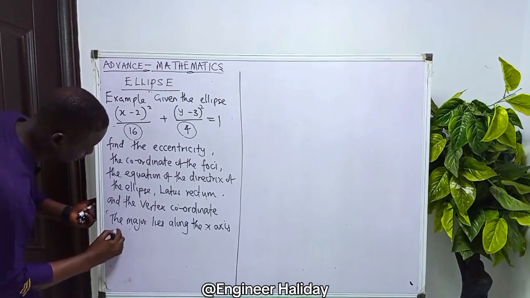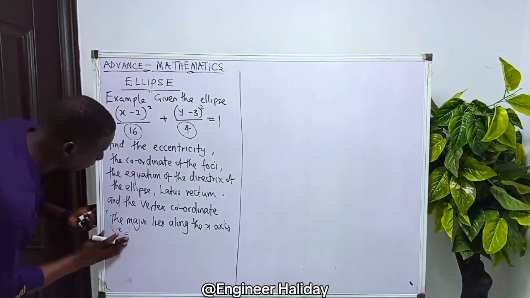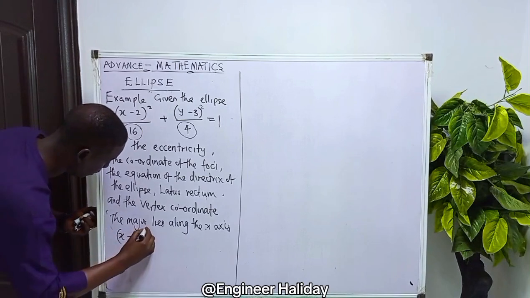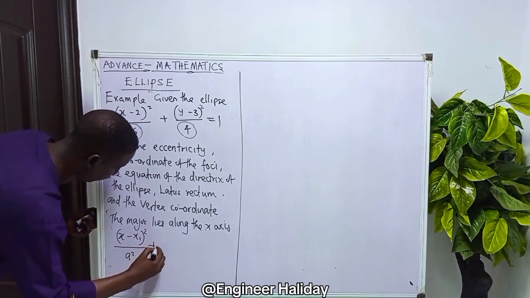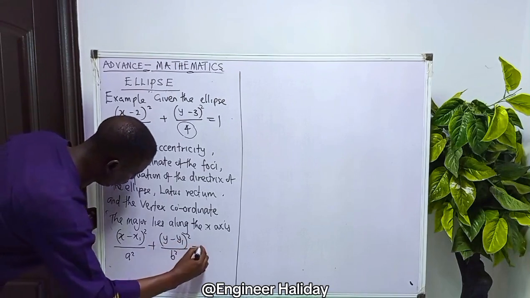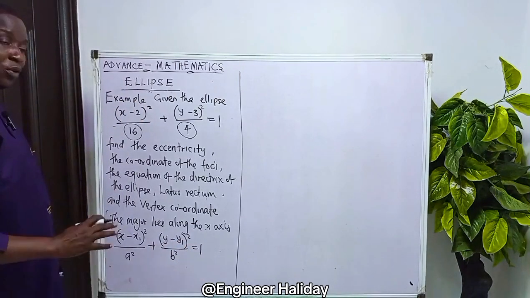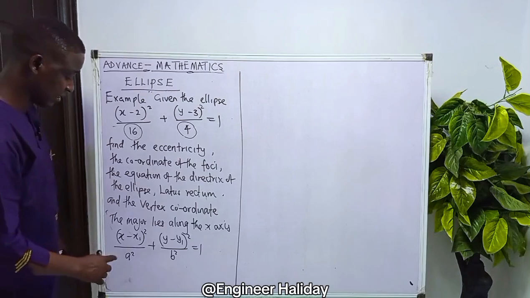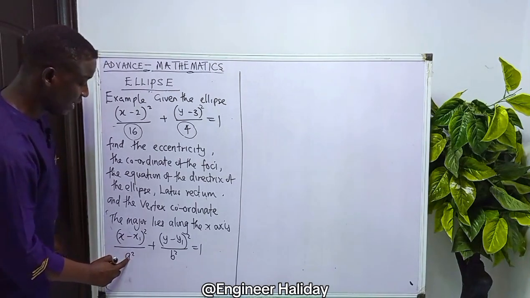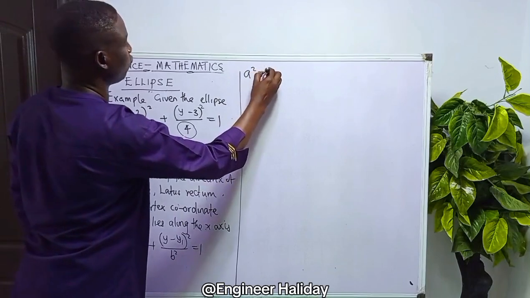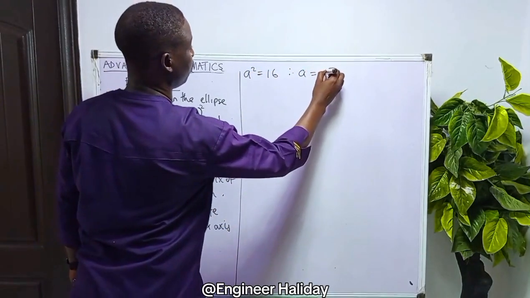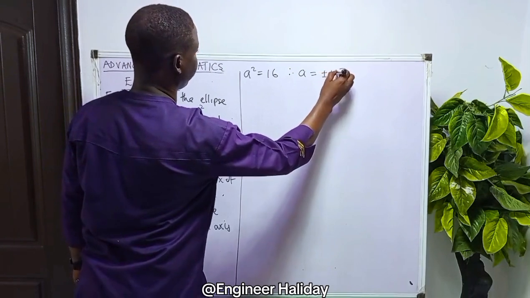And for the major a square, we compare with our (x minus x1) all squared over a square plus (y minus y1) all squared over b square equal to 1. Since the major lies along the x-axis, a square is equal to 16, therefore a is equal to plus or minus 4.